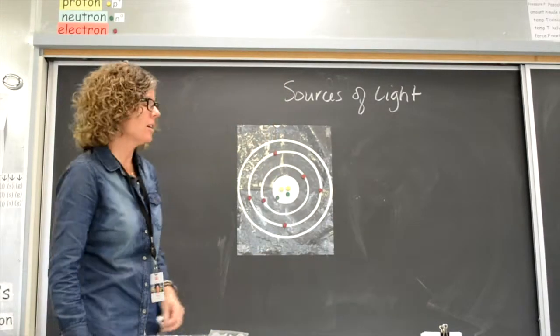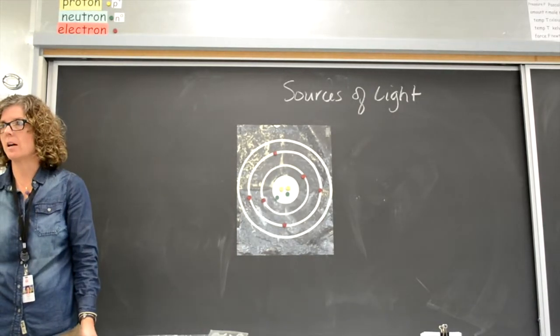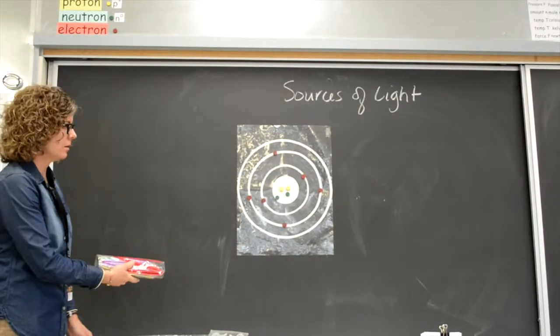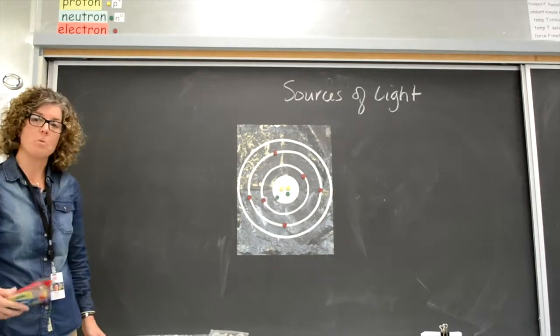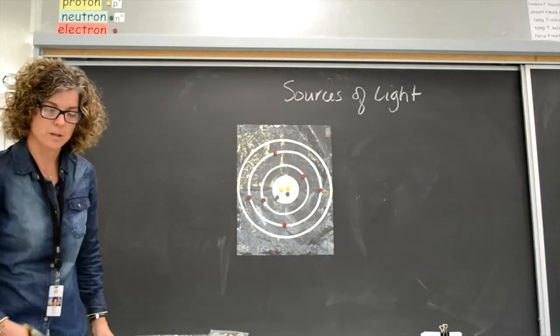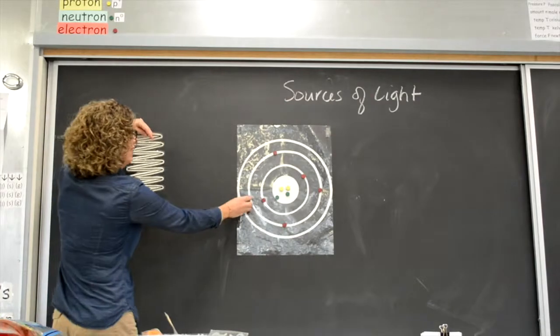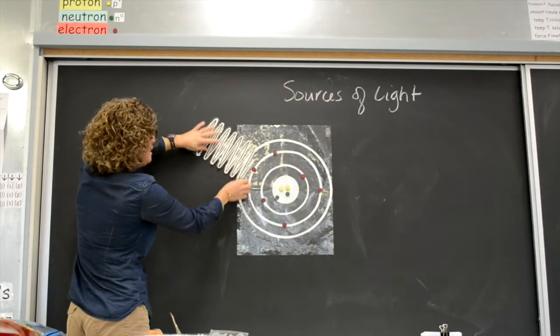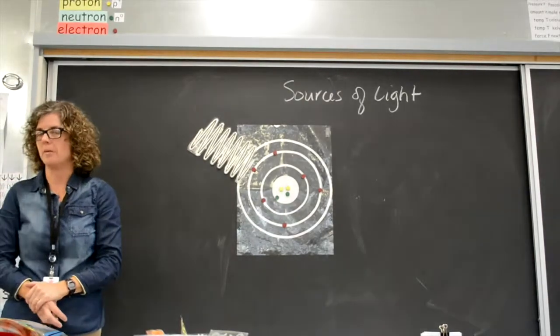Okay, so we're going to talk a little bit about sources of light that come from different types of atoms. And I'm going to model for you one of these really great examples of a source of light. So let's talk about, we have some light energy coming in and hitting this atom.